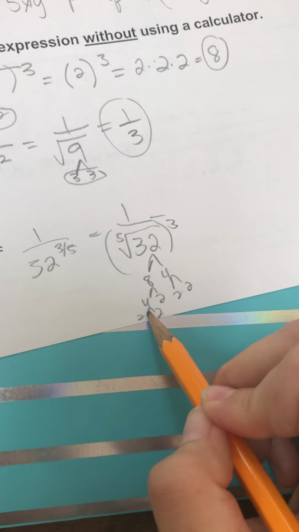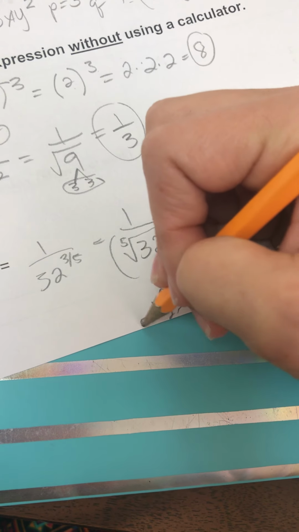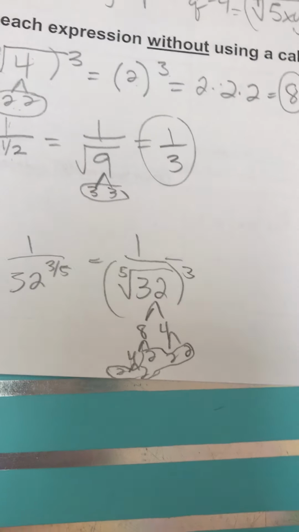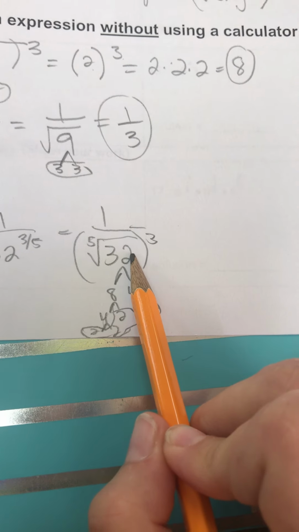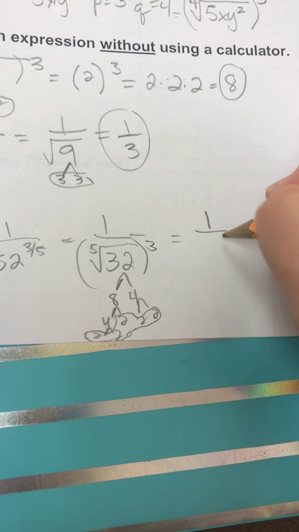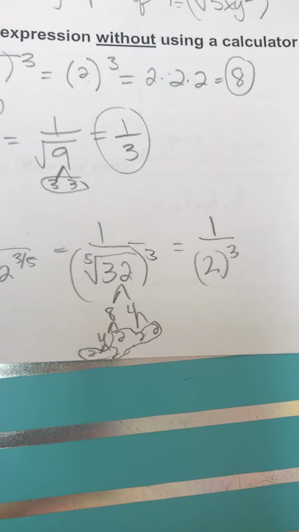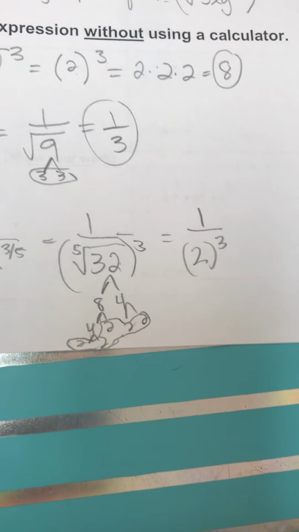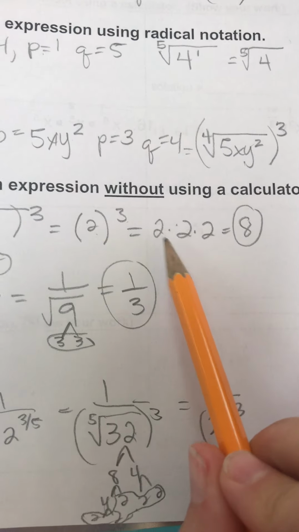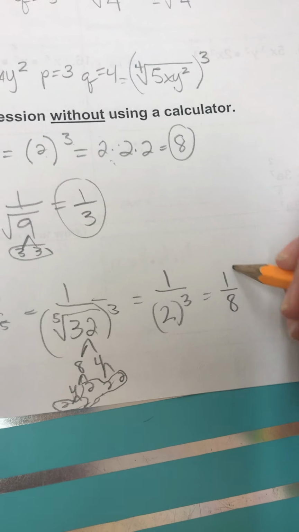So you need a group of 5, which is the whole thing. There's 5 of them, and they come into one group. So basically the 5th root of 32 is 2. So you're going to rewrite it, and you're going to put 1 over 2 to the 3rd power. And 2 to the 3rd power was 8, as we already set up here. So you're going to get 1 over 8. So that's your answer.